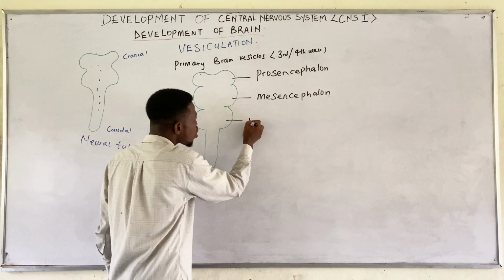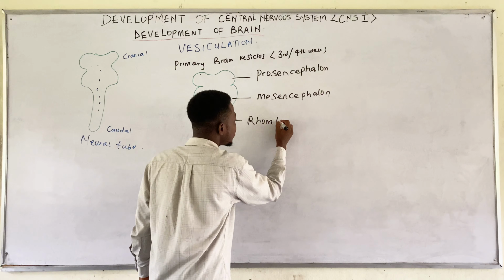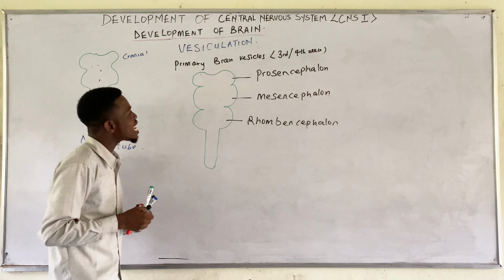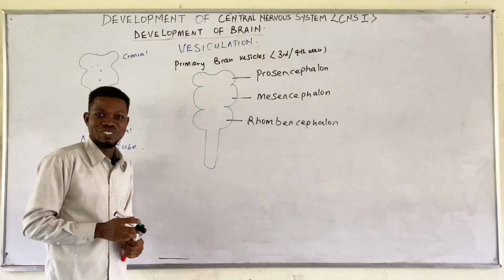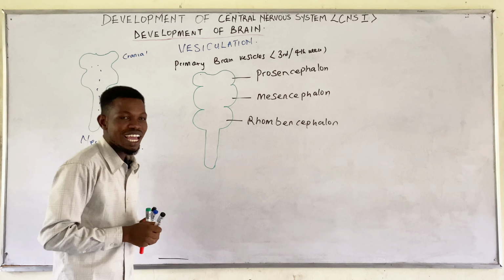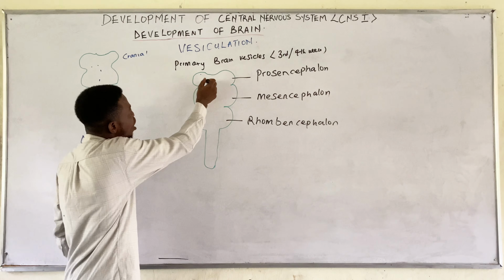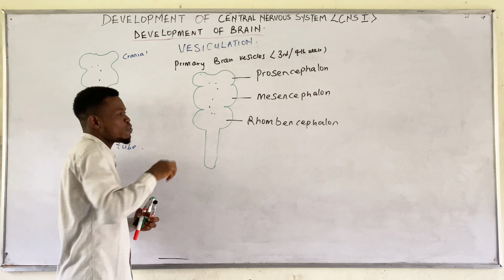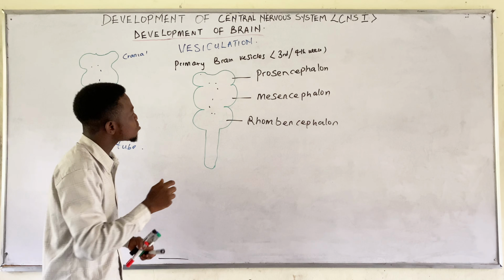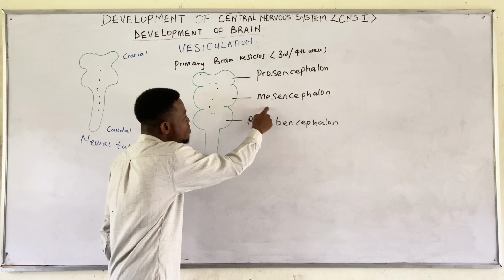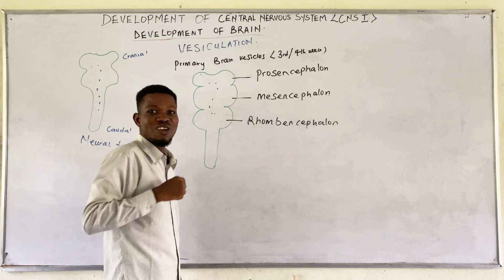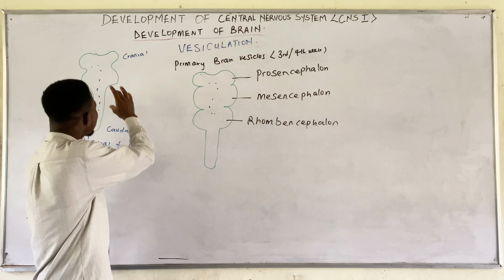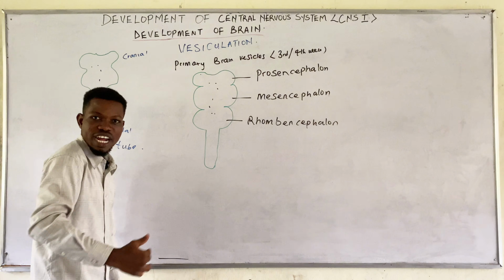While this one is what we call the rhombencephalon. So these are the 3 primary brain vesicles that are formed during the third or fourth week as a result of proliferation of the neuroepithelial cells that are present around the cranial part of the neural tube. What are the three brain vesicles? Prosencephalon, mesencephalon, and rhombencephalon.